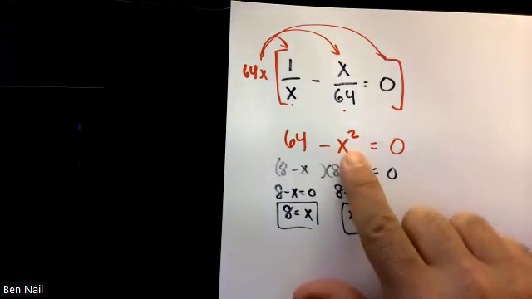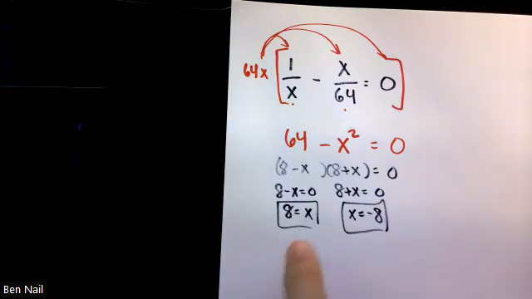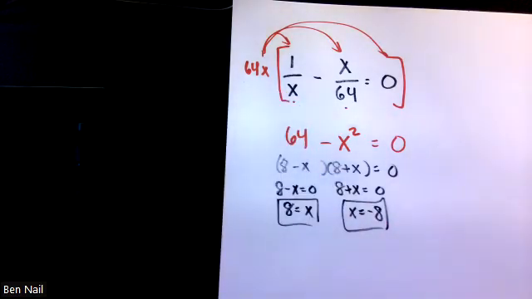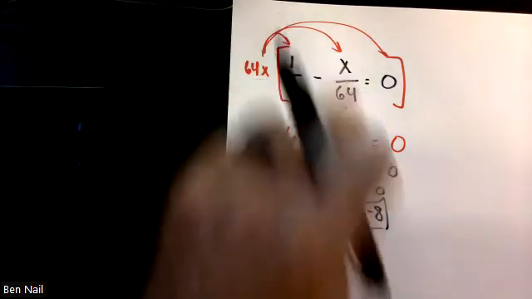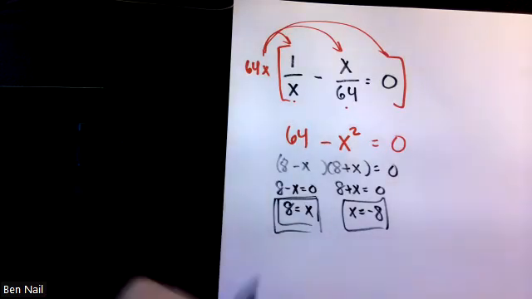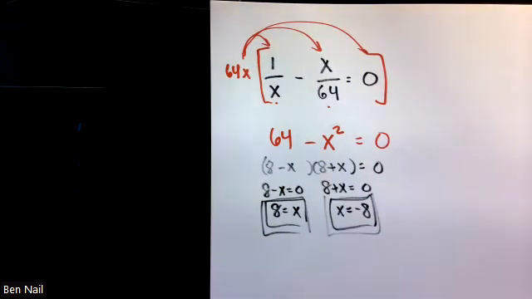Remember, when you have a quadratic and you solve by factoring, there's always the potential for 2 solutions. Sometimes they repeat, sometimes they don't. But anyway, in this case, neither solution caused division by 0. If we wanted to check our solutions, they actually both work. So +8 and -8 are both valid solutions.